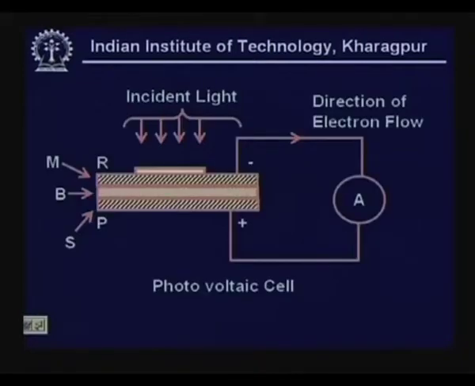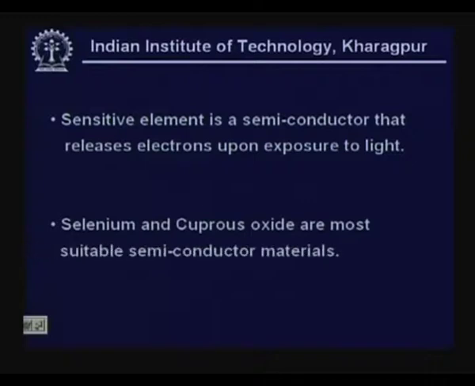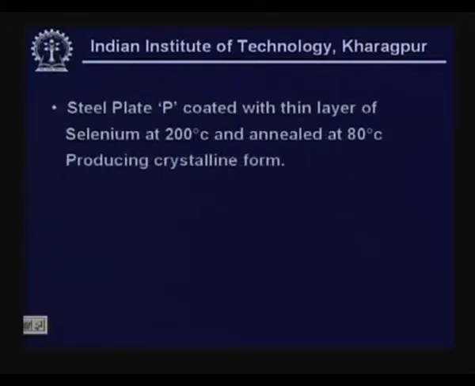We have a small steel plate. In fact, if you want to collect this current which is generated, you need to have electrodes. That is why on a small steel plate, there is a thin layer of selenium, let us say, selenium and cuprous oxide both are possible, we are using selenium, and it is placed.